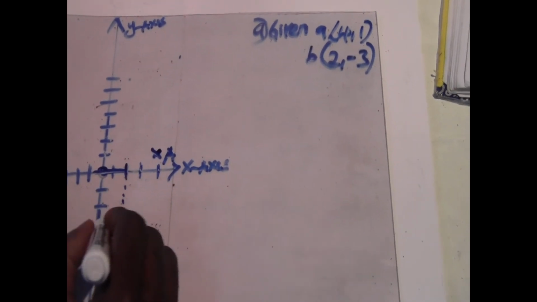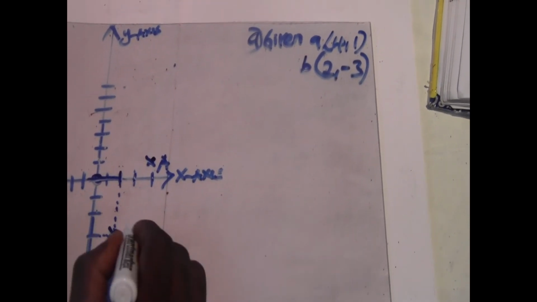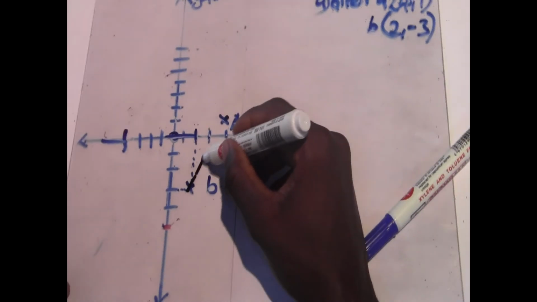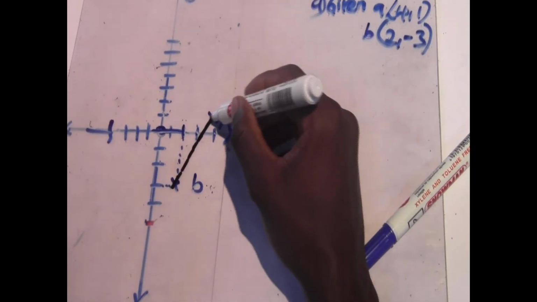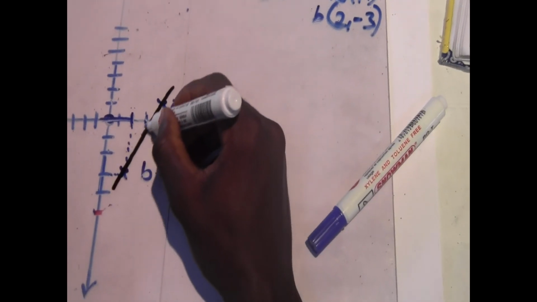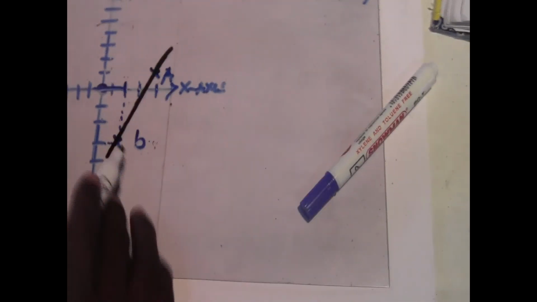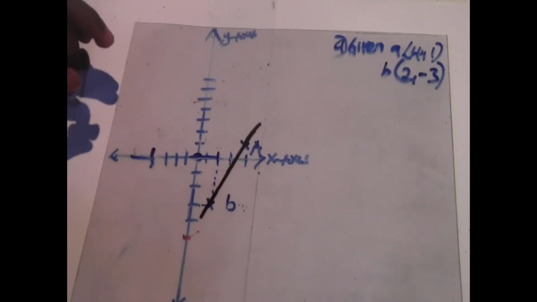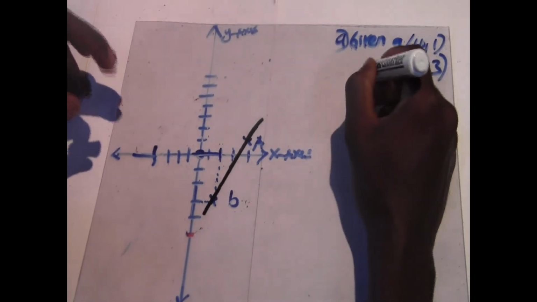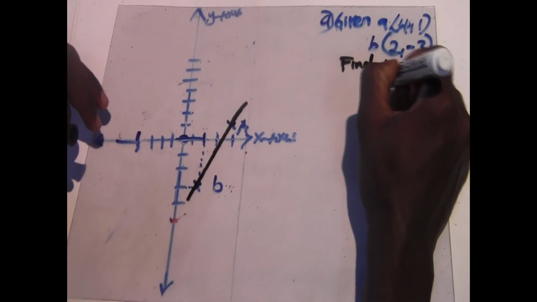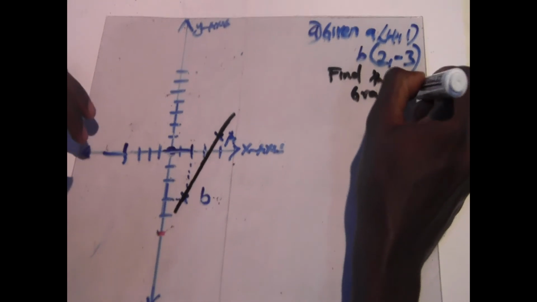So this is our point B. You can join those points. In your case, you can use a ruler for it to be straight. So our line passes through A and B. Find the gradient of that line.